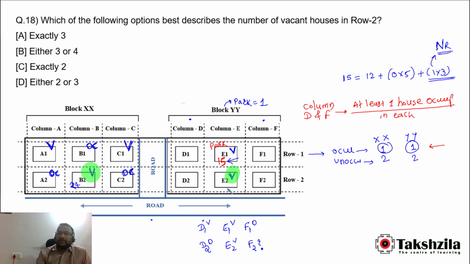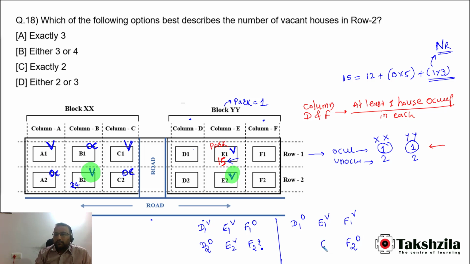The second possibility is if D1 is occupied. E1 is vacant, E1 has only one occupied neighbor, let's say that occupied neighbor is D1. In row 1 of block YY, only one house is occupied, so F1 becomes vacant. If F1 is vacant, then F2 becomes occupied because at least one house in column F is occupied.